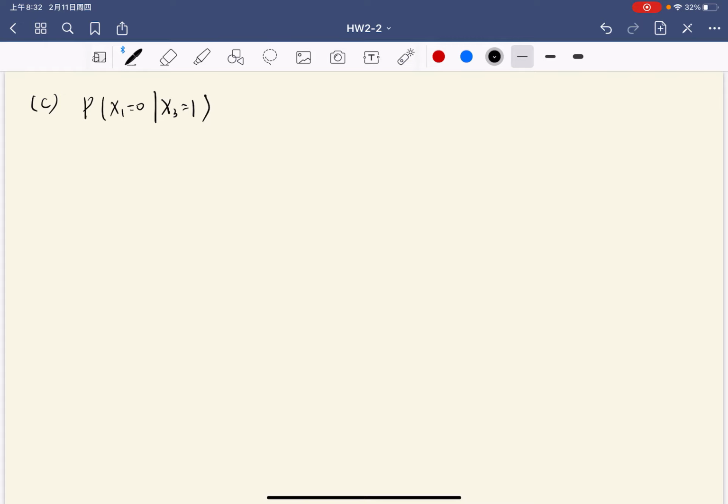Using the conditional probability formula, we obtain P(x1 = 0 and x3 = 1) divided by P(x3 = 1).